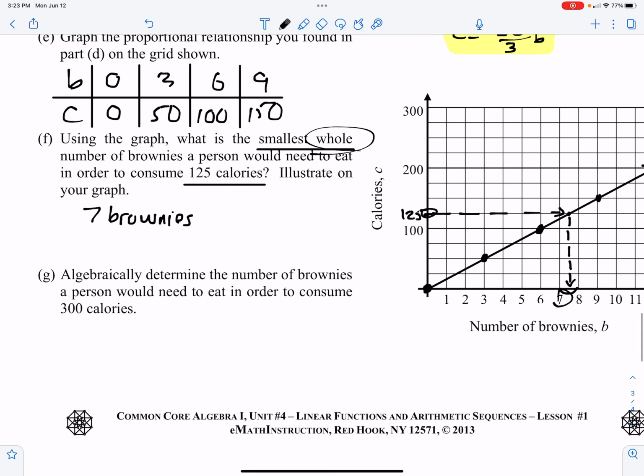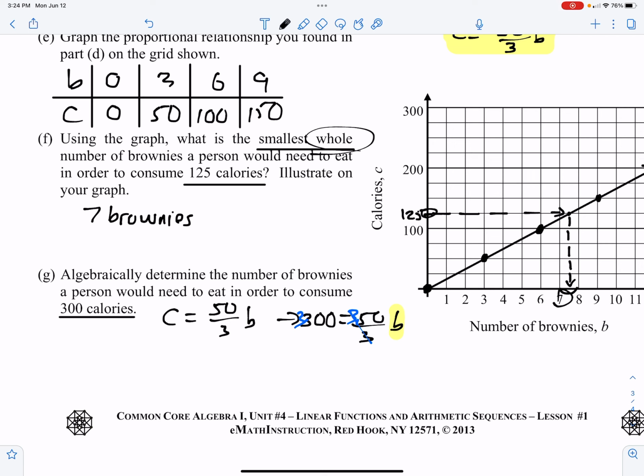Algebraically, determine the number of brownies a person would need to eat in order to consume 300 calories. So I'll write it C is equal to 50 thirds B, which would be 300 is equal to 50 thirds B, and you're solving the equation for B. Let's multiply both sides by 3.